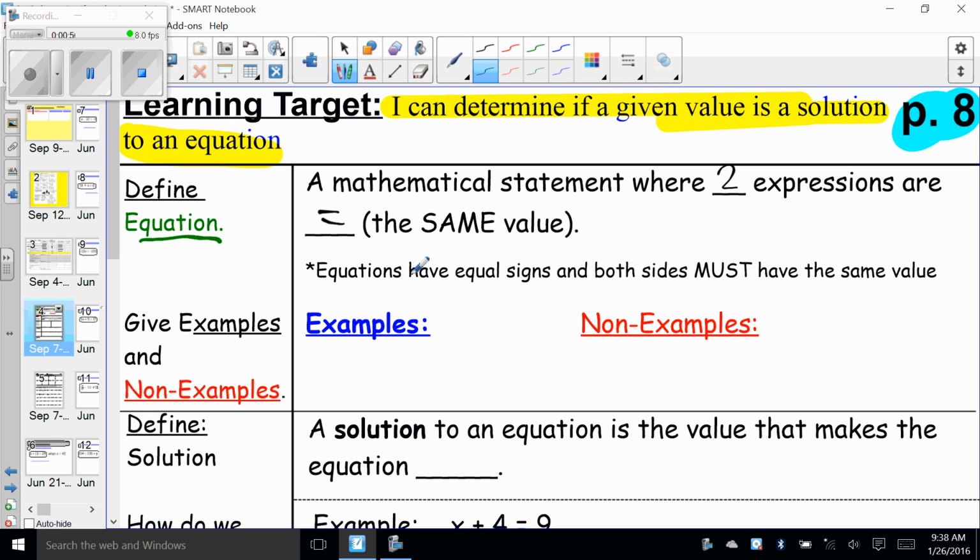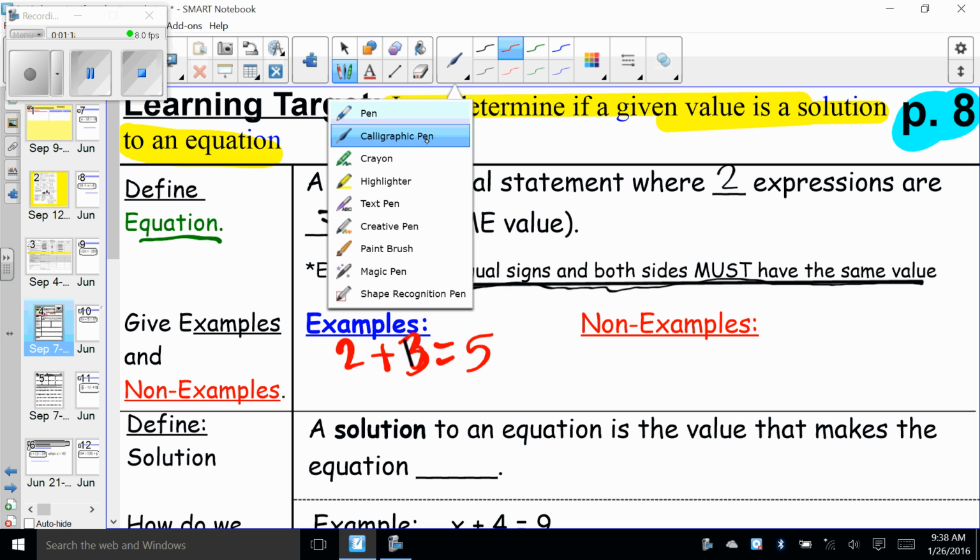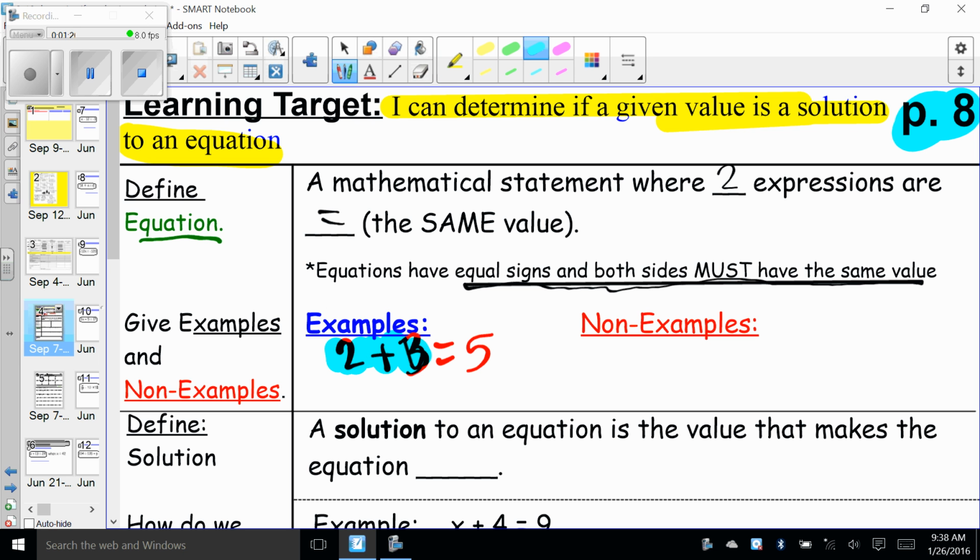Now just keep in mind that equations have to have equal signs and both sides must have the same value. So you have to have an equal sign, and we're saying that the left side equals the right side. Even if there's variables in there, that's what we're saying in an equation. An example of an equation would be 2 plus 3 equals 5. Is it true that the left side 2 plus 3 is equal to the right side 5?